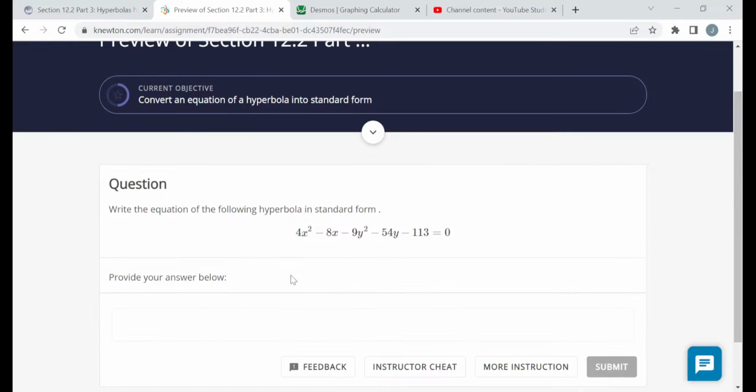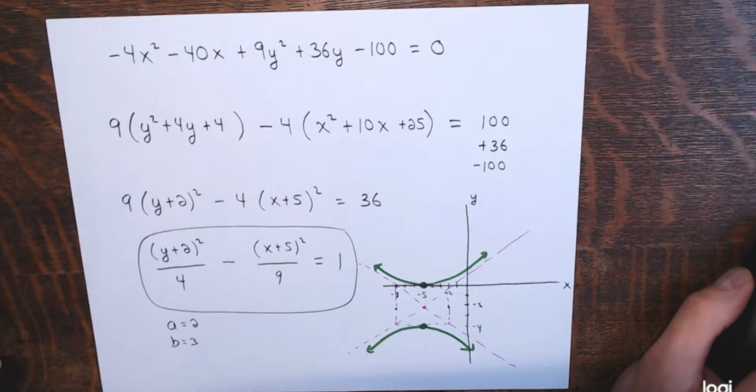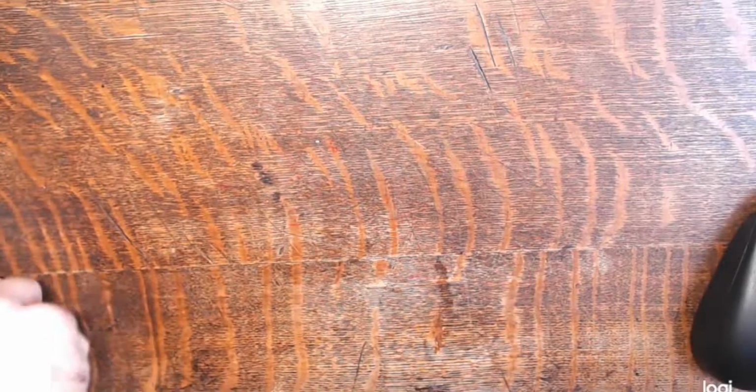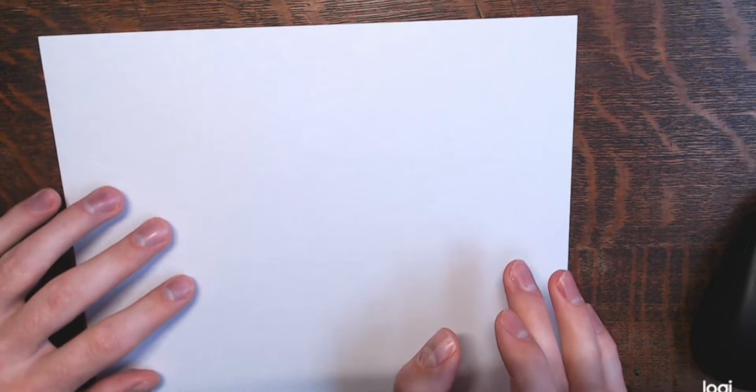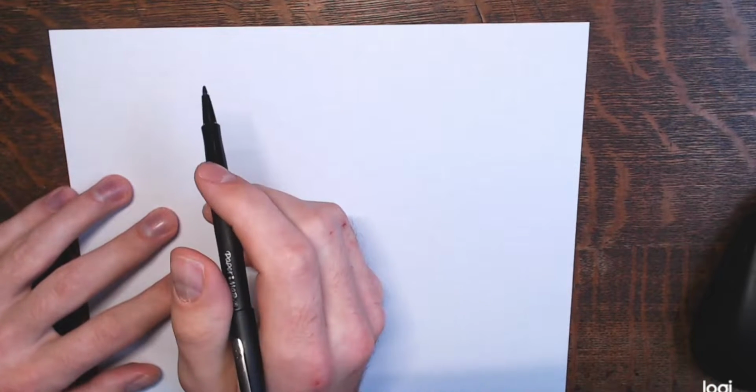So yeah, another one of these where we're asked to type it out, write the equation in standard form. So more of the same, just a lot of factoring out and completing the square and all that. Just remember what you factored out, so you know what you have to add to the other side.